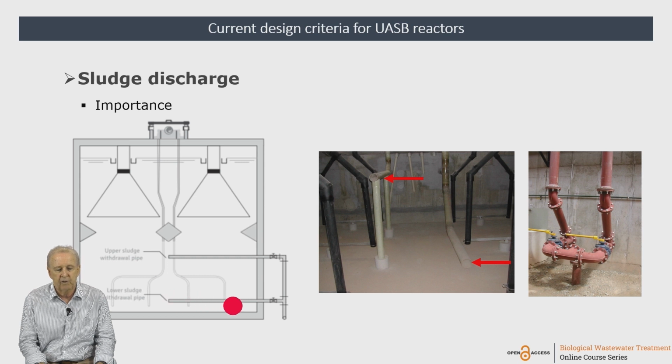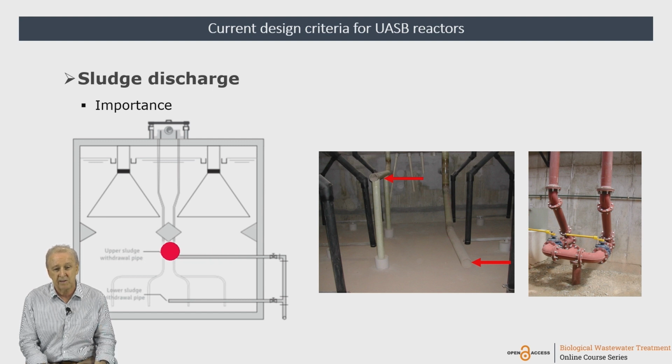If we have to discharge 1,000 kilos, 50% is 500 kilos here. 500 kilos with a sludge of 5% will give me a volume that I have to discharge from this point. And in the same way, 50% of mass here will be another 500 kilos.